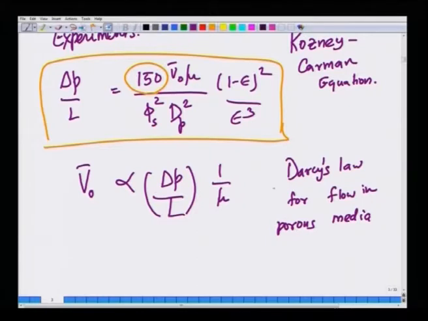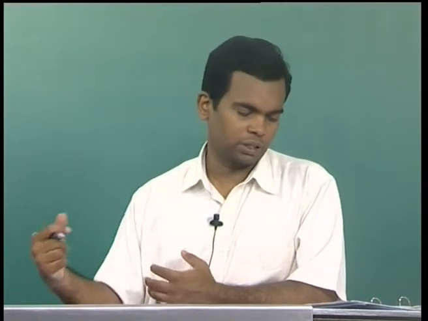This is often used in understanding fluid flow through porous materials like sand, and groundwater transport and so on. Whenever you have flow of water under the ground, it is almost like flow through a porous bed of mud and sand. So, this model is useful to describe such porous media flows.